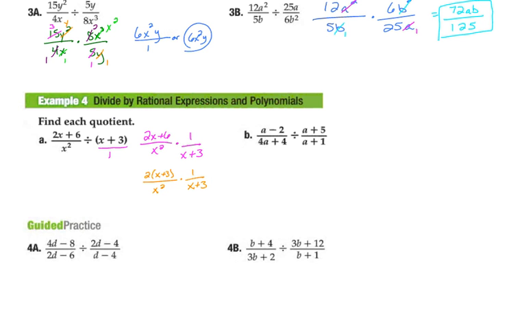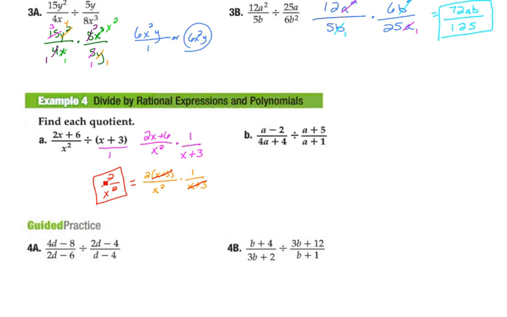Does that help me? Yep, it does, because look at this. Since this is a product, I can go ahead and cancel out that x plus 3. Looking at this, doesn't look like I can do anything else, so I'm going to go ahead and simplify, saying 2 times 1 is 2 in the numerator, and just an x squared in the denominator.